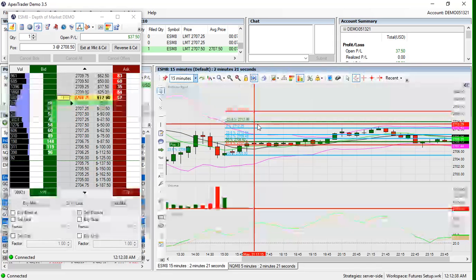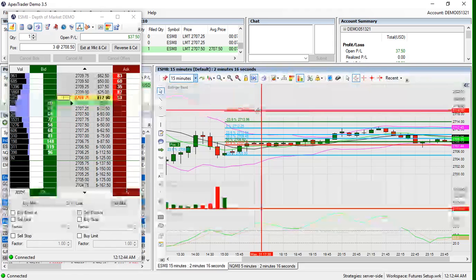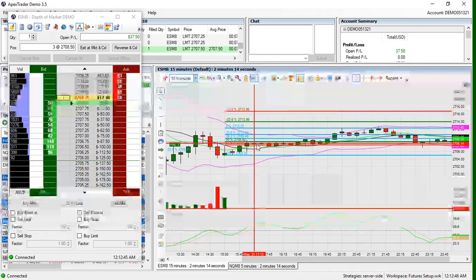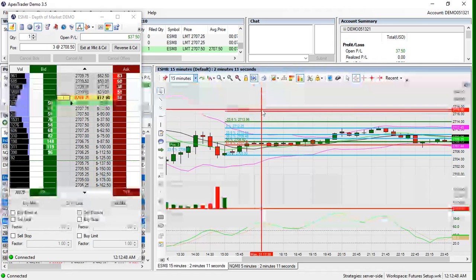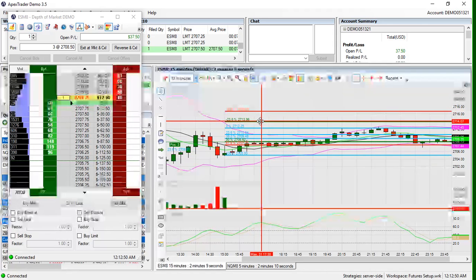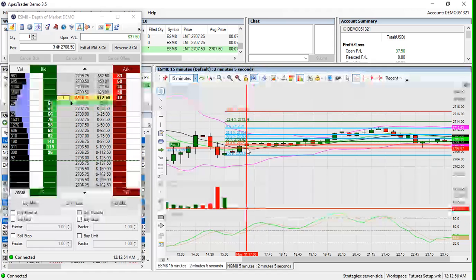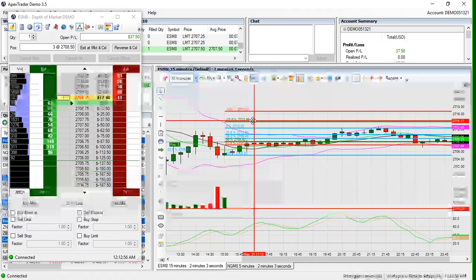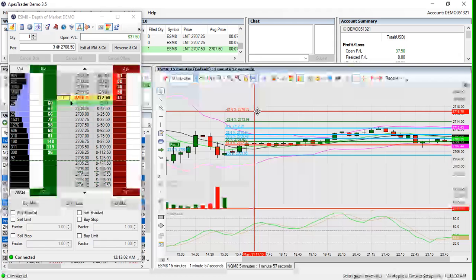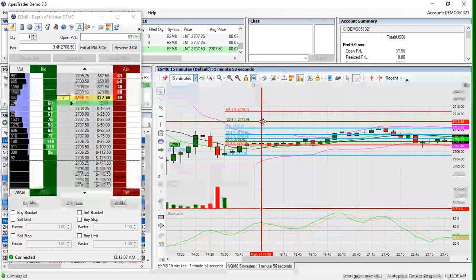I'm using Apex Futures Trading, and Apex Futures allows me to use 8 Fibonacci levels, and so I modified my Fibonacci levels. I removed my 78.6, and then I added a negative 23.6 and a negative 61.8% level.